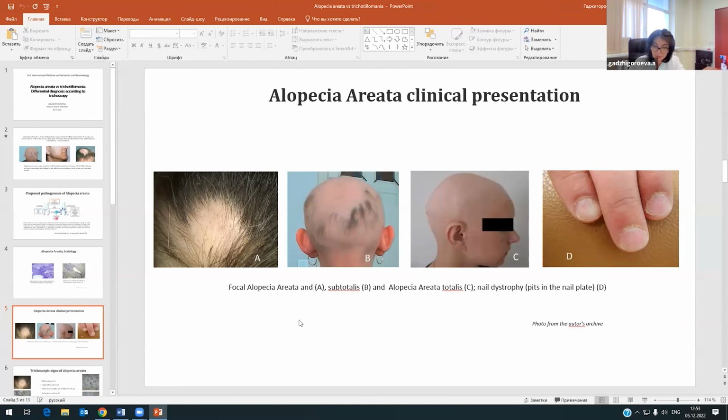The nail matrix may also be affected, resulting in pits in the nail plate or even more severe nail dystrophy. While the scalp is the most frequently affected site, in 90% of cases, the disease can progress with loss of facial, eyebrow, and eyelash hair.